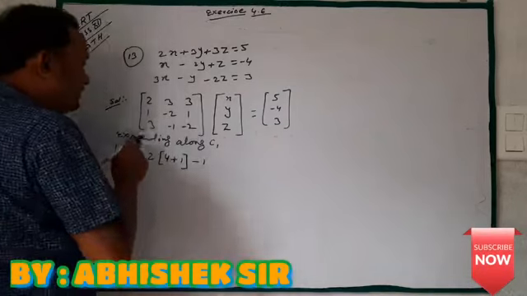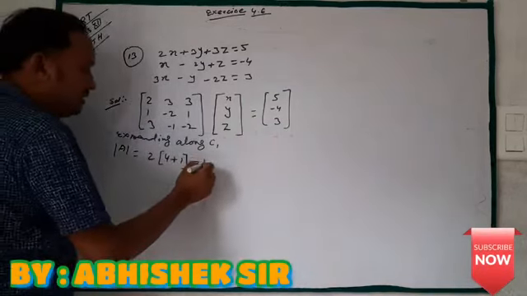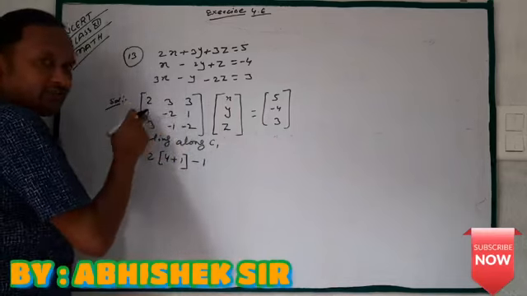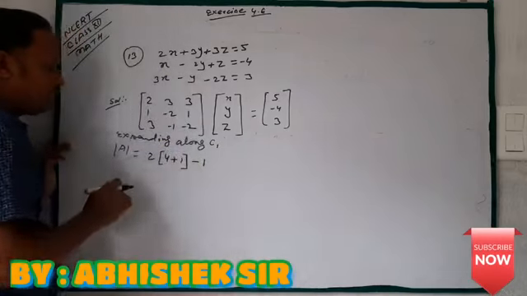Negative, because this is the element of row second, column first. 2 plus 1, 3.